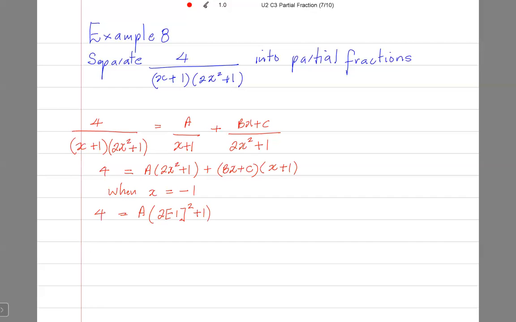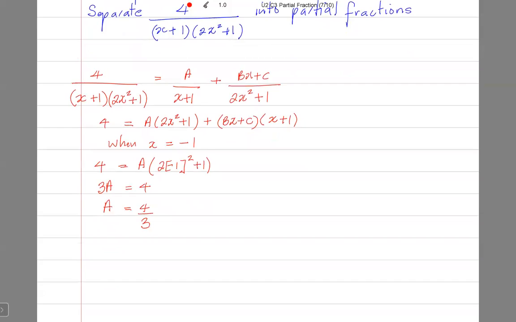Obviously Bx plus C into x plus 1 is going to go, because when x is -1, -1 plus 1 is 0, and when you multiply something by 0, you get 0. So this is going to be 2 plus 1 is 3. So what I have is 3A is equal to 4. If I divide both sides by 3, I get A is equal to 4 over 3.